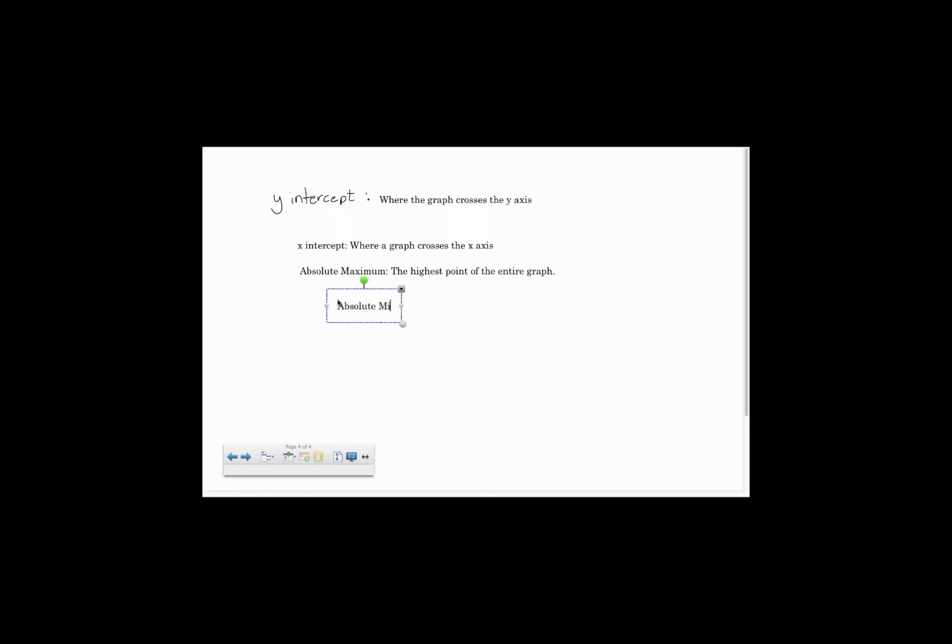Absolute minimum, the lowest point of the entire graph.